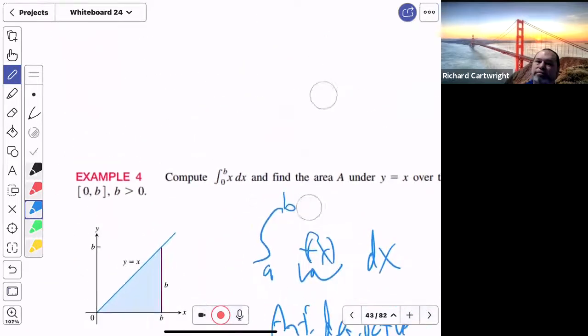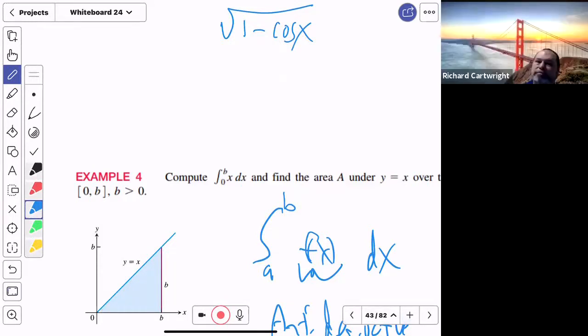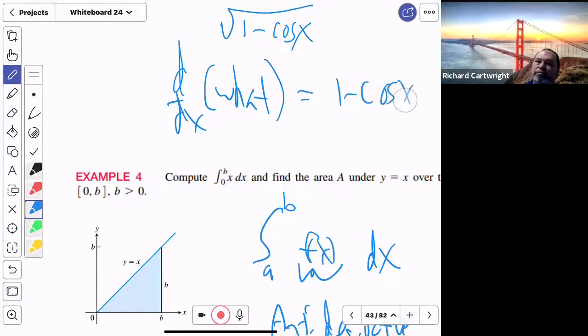I would give you extra credit if you knew what it was, but it'd be hard. Square root of 1 minus that one? Yes, I was just wondering, well, why? You're smart enough that you might be able to, with time, figure out the derivative of what is 1 minus cosine of x to the 1/2 power.